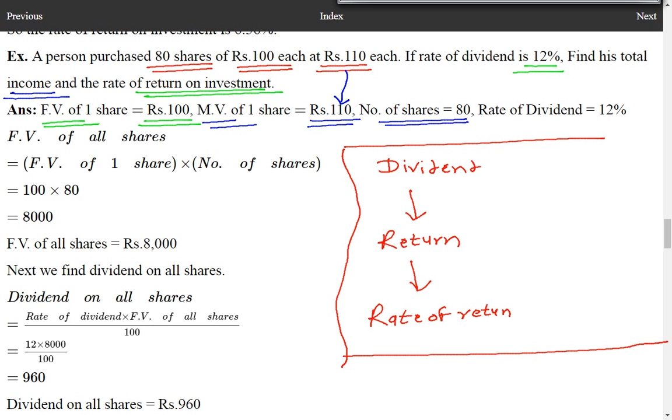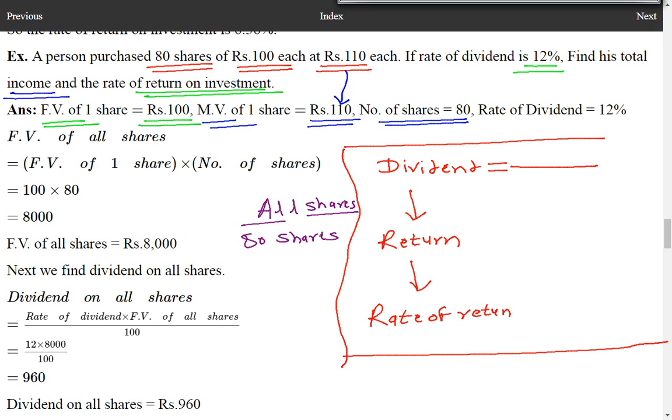Now let us see dividend. The first thing to note is that we are going to calculate dividend for all shares. And how many shares are there? There are 80 shares here. To find dividend, we have the formula: dividend on all shares equals rate of dividend into face value of all shares upon 100.